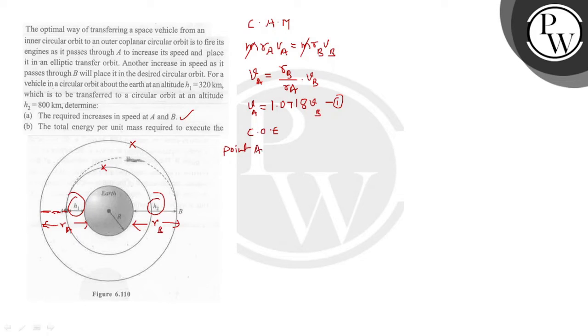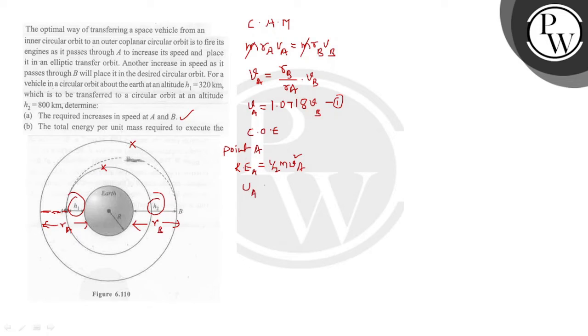So at point A, what is it? Total energy. No, it is kinetic energy, not total energy. Kinetic energy KA is equal to half into m into VA square. And what is the potential energy?